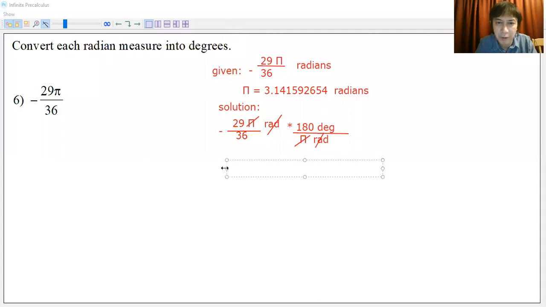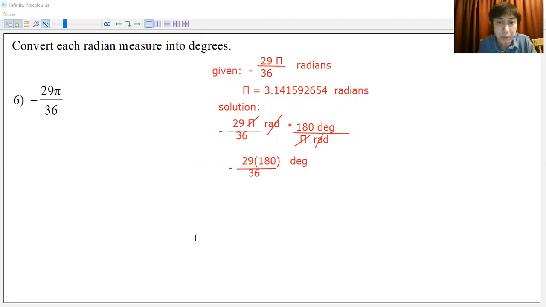We have negative, and on top 29 times 180, now in degrees, divided by 36. The numbers 29 and 180 belong to the numerator, and 36 is the denominator.